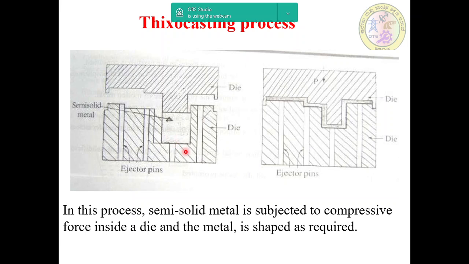The metal pieces are kept in a furnace and maintained at known temperatures, and when the metal reaches a plastic zone as indicated by an indicator, the semi-solid metal is transferred into a mold cavity and forced between two dies.